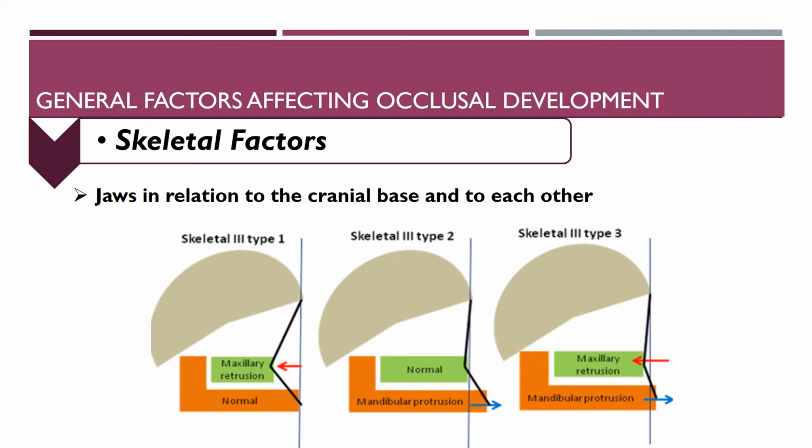This is type 2, and in type 3 there is also abnormal positioning and relationship of the jaws to each other and to the cranial base. In such a skeletal pattern, we see that the patient's profile will be a concave profile view.